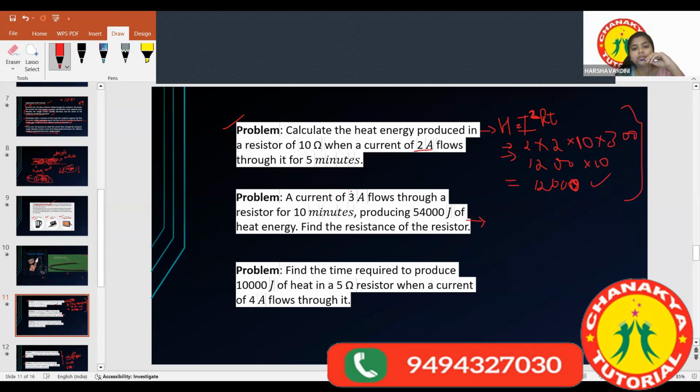So I square, they have given current and minutes, and joules also they have given. We have to find the resistance.